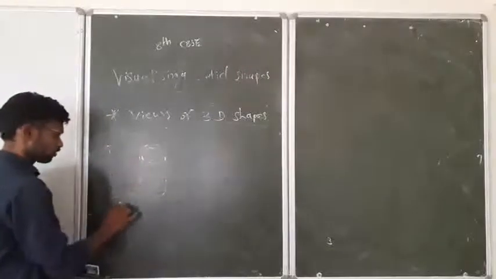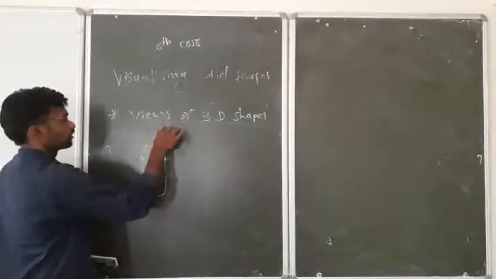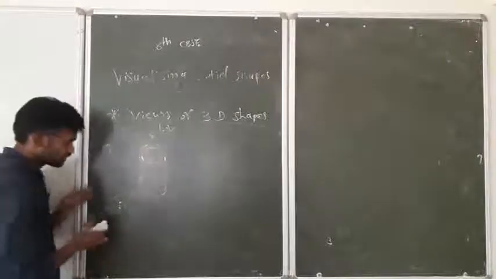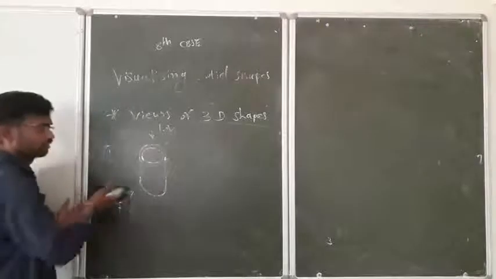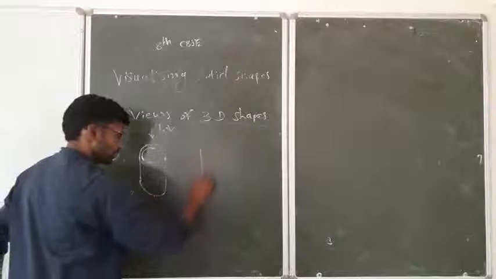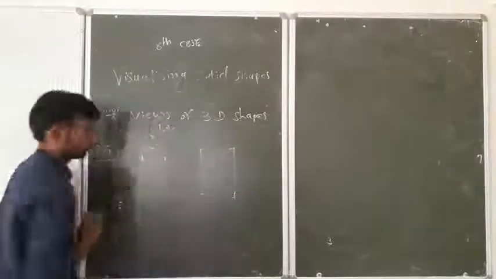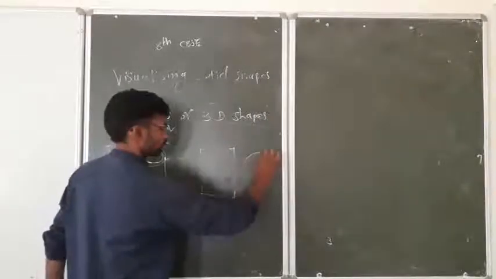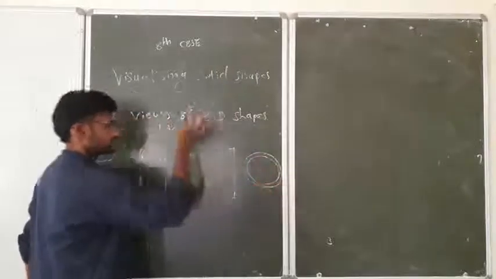This is the front view, and this is the top view. What is the front view of this glass? When you look from this side, you get only a rectangular shape. When you see from the top, you will get it like this.